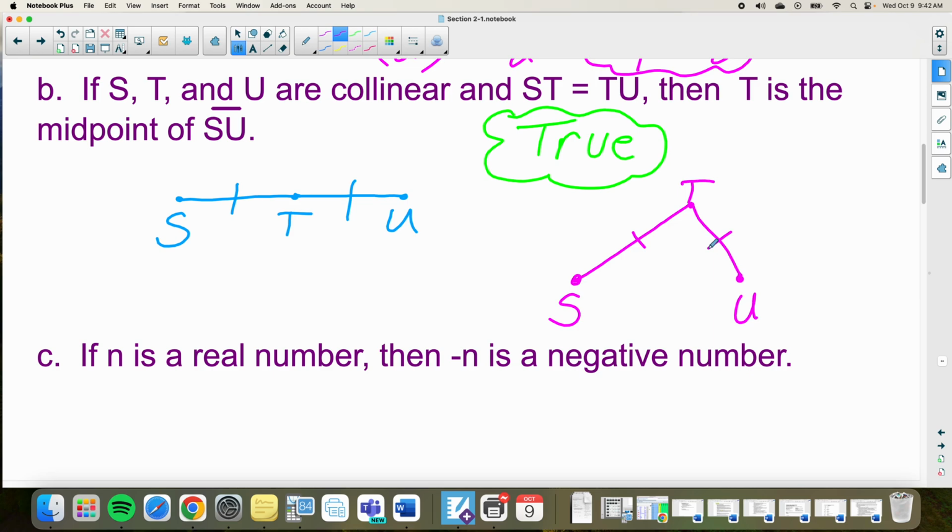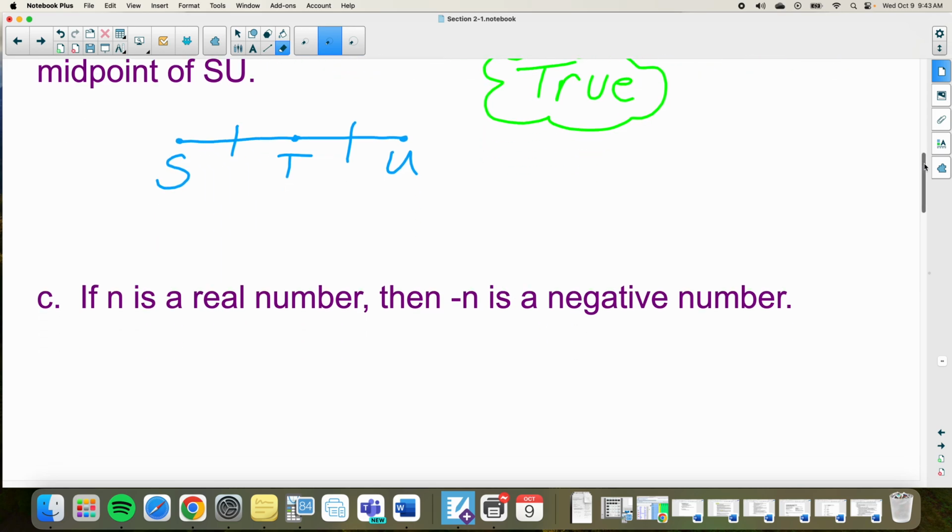So the fact that this problem told us that S, T, and U are on the same line is critical for that being a true statement. And in your homework tonight, I believe they have one like this where it doesn't say they're collinear, okay?